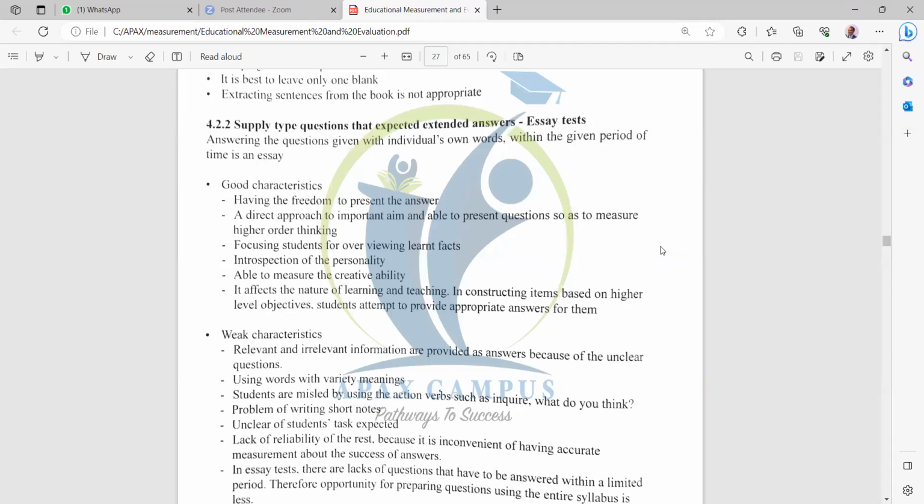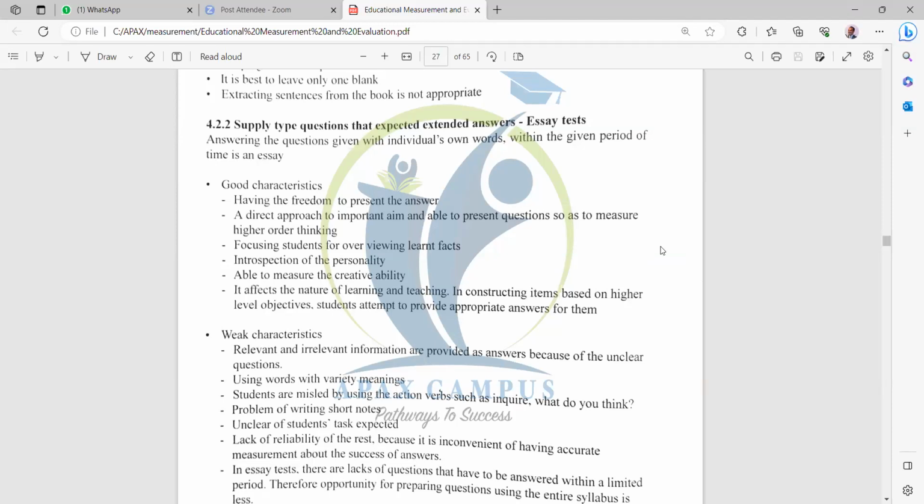They can learn again. Introspection of the personality. You think about yourself again, back, and write about it. So it's a kind of self-realization.